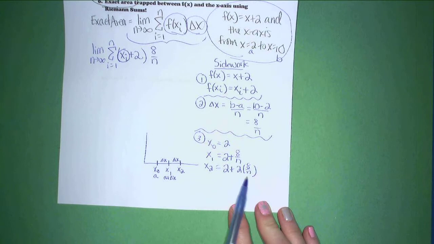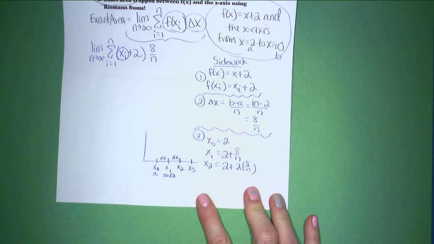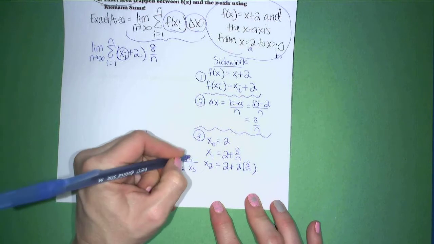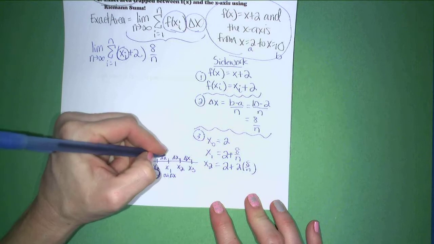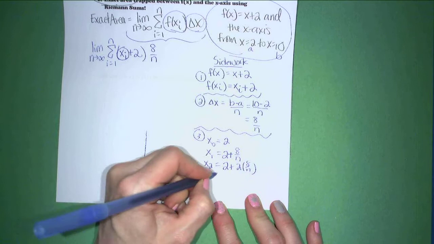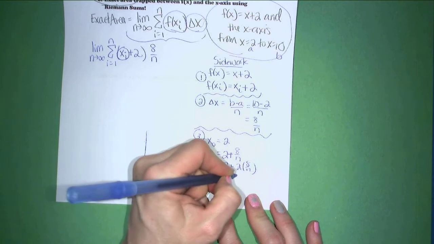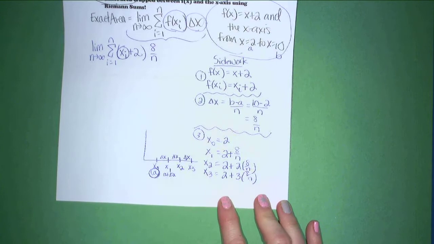Same, to get to x sub 3, you would add another delta x, or you would take your initial value and add 1, 2, 3 delta x's. So x sub 3 would be your initial value plus 3 of your delta x's, or in this case, 8 divided by n.